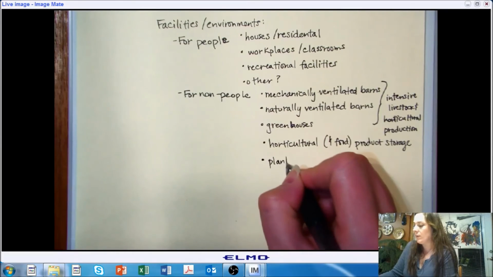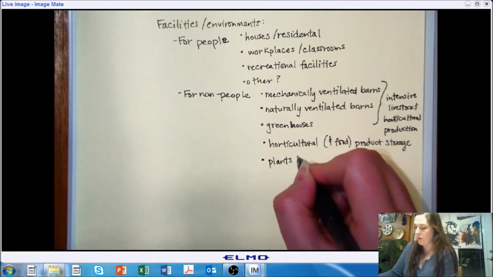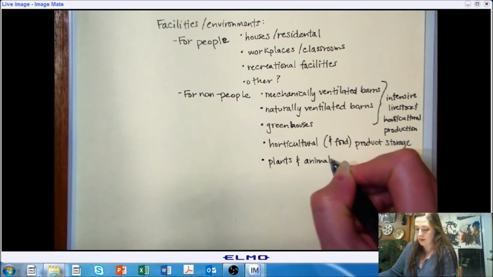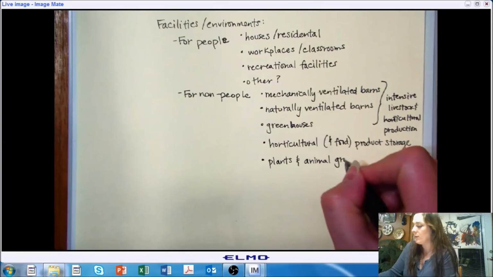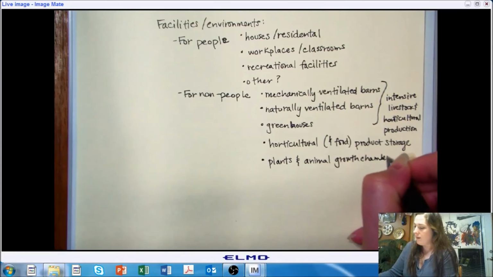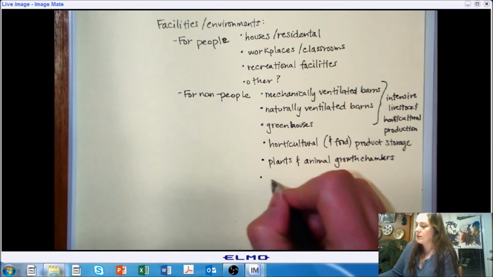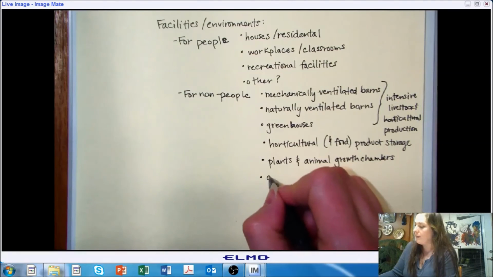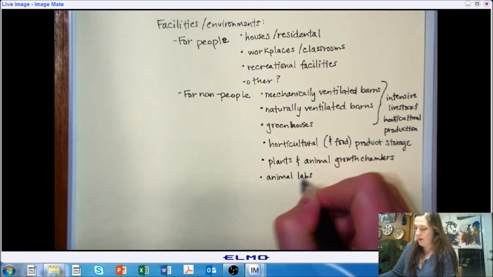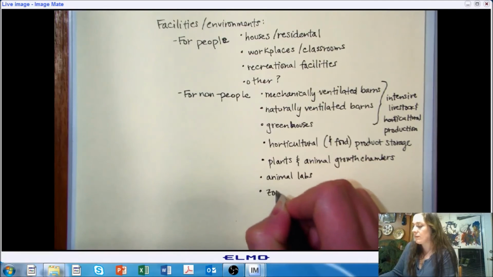As we move a little bit away from production type agriculture, we could be interested in growth chambers, so specialized growth chambers for plants or animals. And as we move even further, we could start to think about things like laboratories. We could think about zoos.